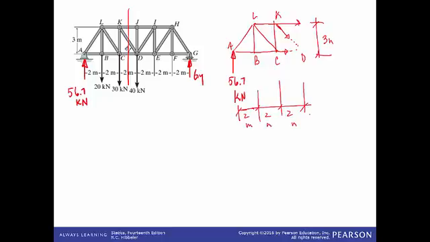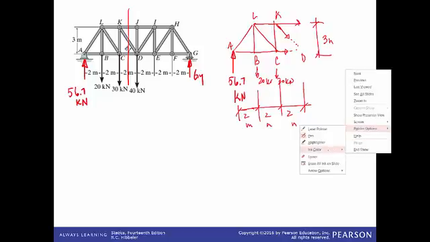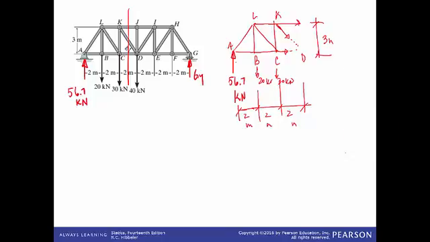Okay, and then I have to include the other 20 and then 30 kilonewtons. So let me change the color here for a moment so that we can clearly see what forces we have here.